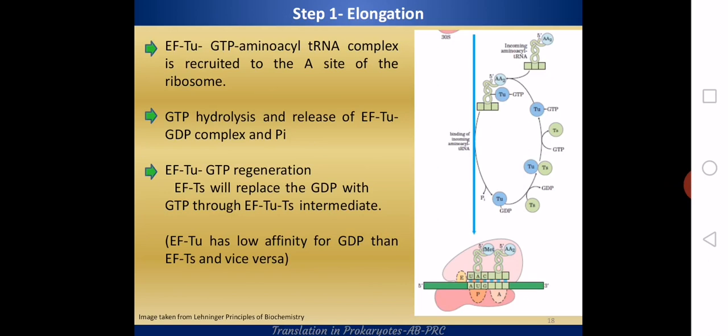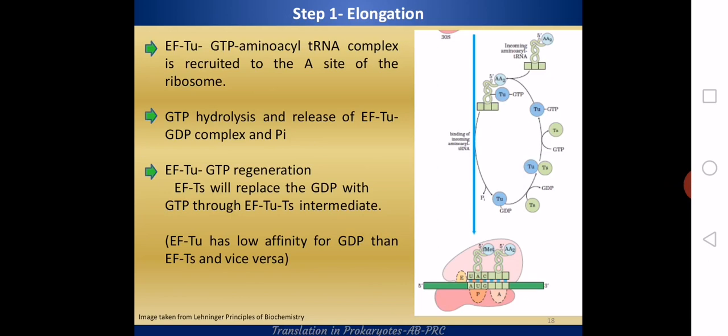And this EF-Tu GDP will be attached by EF-Ts complex, and this EF-Ts has higher affinity to GDP, so that the GDP will be bound onto the EF-Ts. Then there will be complex formation of EF-Tu-Ts.